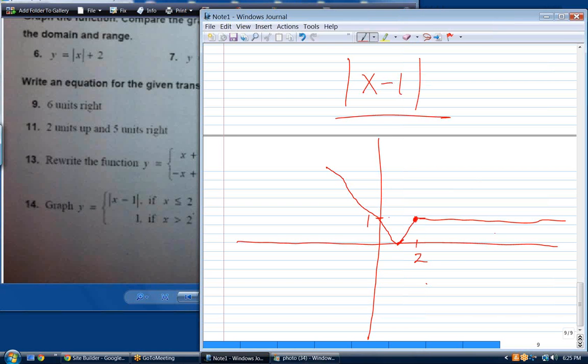Let's talk about the domain and range of that. What's the domain of that? All real numbers. What's the range?